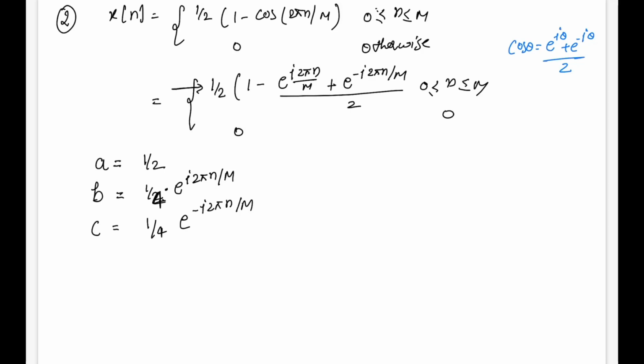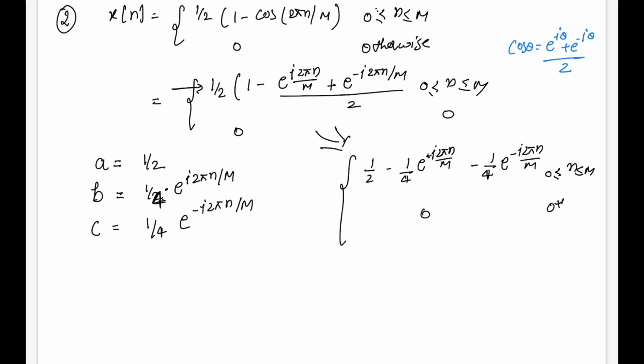So if we extend this, this is nothing but 1 upon 2 minus 1 upon 4 e to the j 2 pi n by M minus 1 upon 4 e to the minus j 2 pi n by M, when n is 0 to M, 0 otherwise.